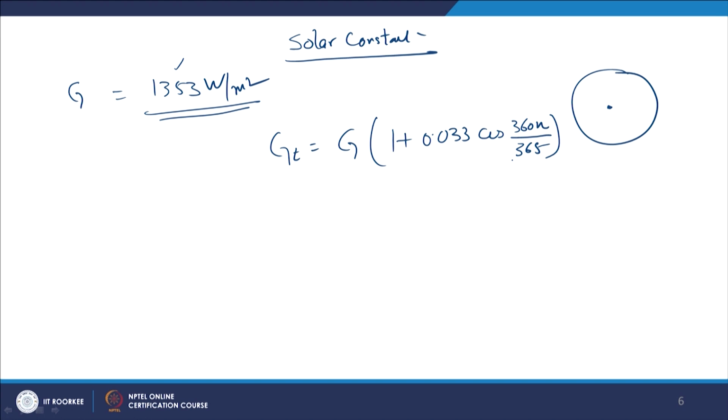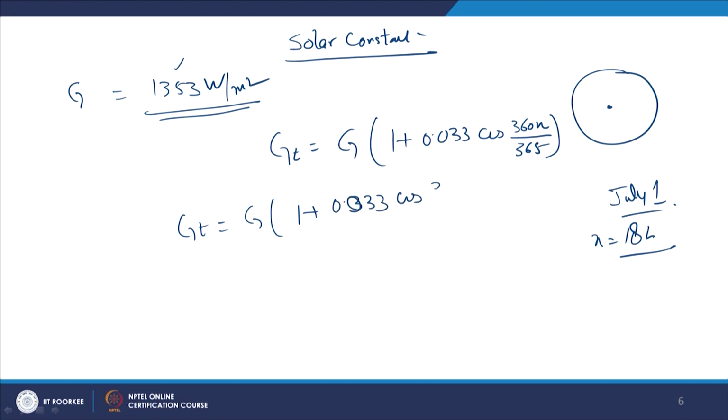Now, suppose you want to have the value of GT on 1st July. So, 1st July is n equal to 182. So, GT is equal to G 1 plus 0.033 cos 360 into 182 by 365.